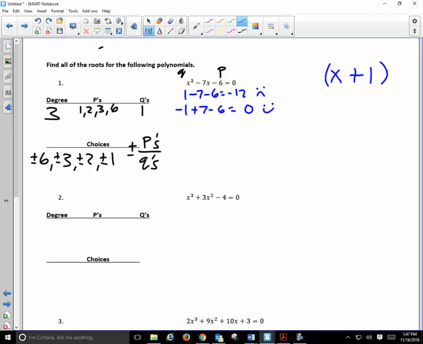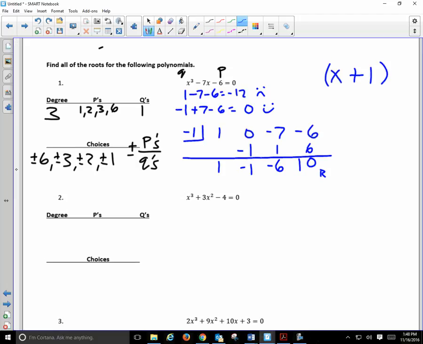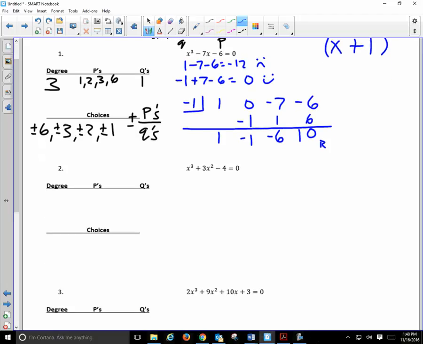Now that we've found one, let's divide it by that factor. I drop the 1. Negative 1 times 1. So here's the cool part.